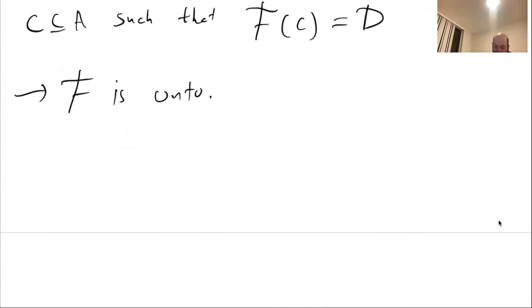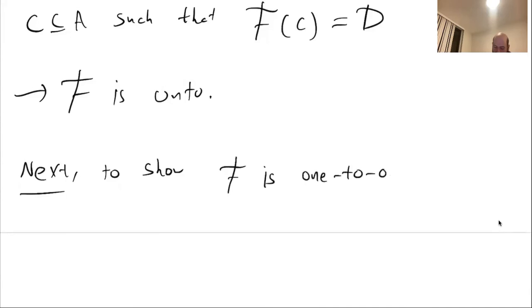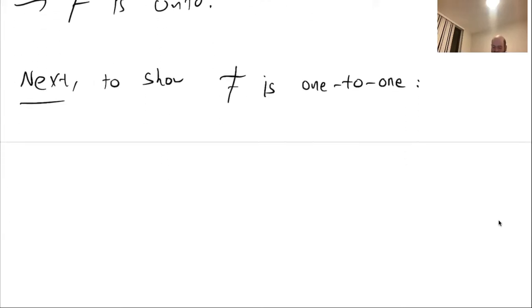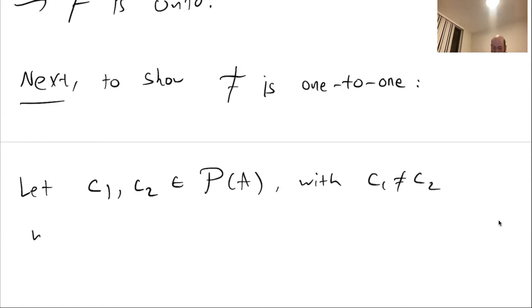Now, next we have to show that our function is one-to-one. To show it's one-to-one, let's say C1 and C2 are two elements in P of A with C1 not equal to C2. We will show that curly F of C1 is not equal to curly F of C2.